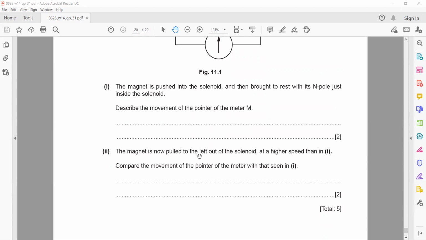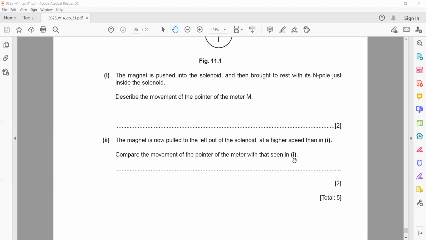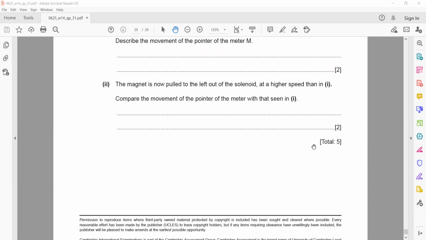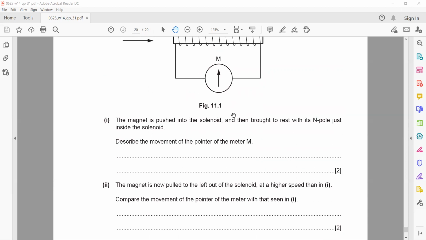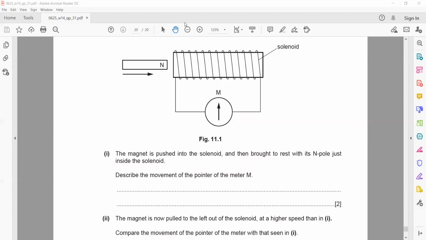The magnet is now pulled to the left of the solenoid at a higher speed than in the first part. Compare the movement of the pointer which is seen. Like now we are moving this magnet out but with a higher speed.